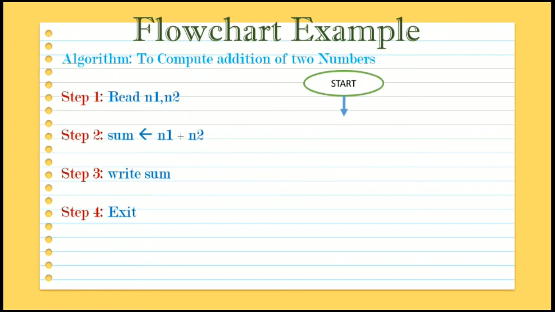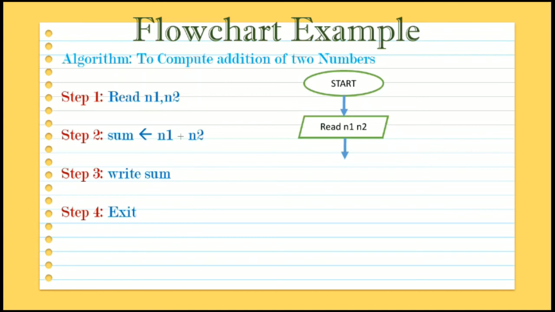Now we will read the input, and input is denoted by parallelogram symbol. Here in this symbol we will read the two inputs, that is read n1 and n2. Now we will move to the next level by using the arrow symbol. So now we know what is input.